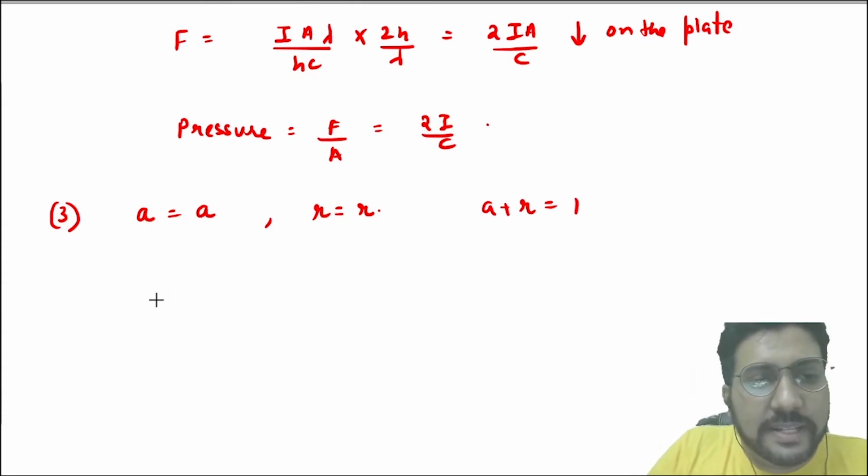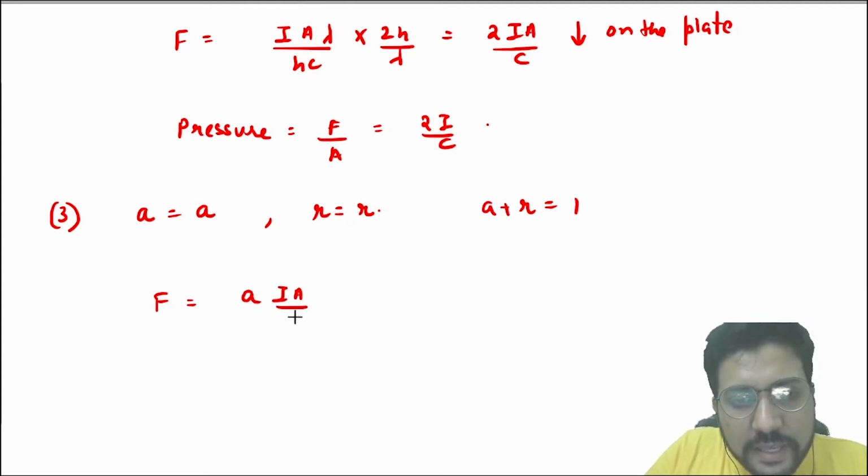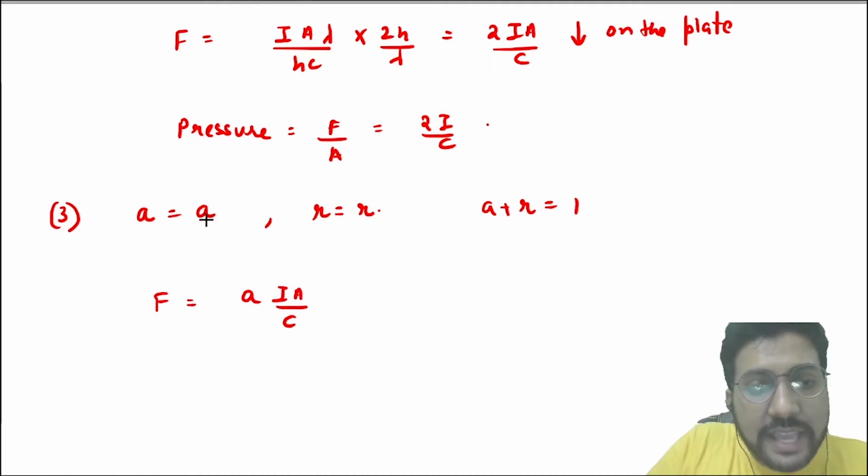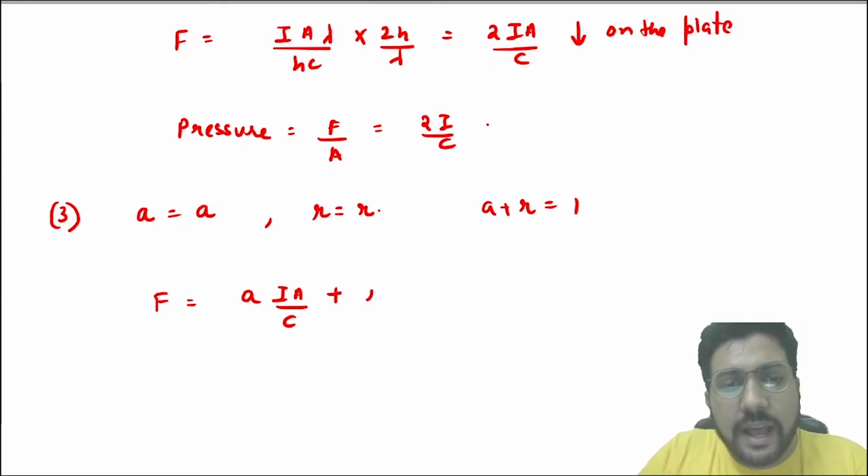So I will write the force as: due to absorption, the force will be Ia by C, and only the A fraction, where A is less than 1, plus R multiplied by 2Ia by C. Why?